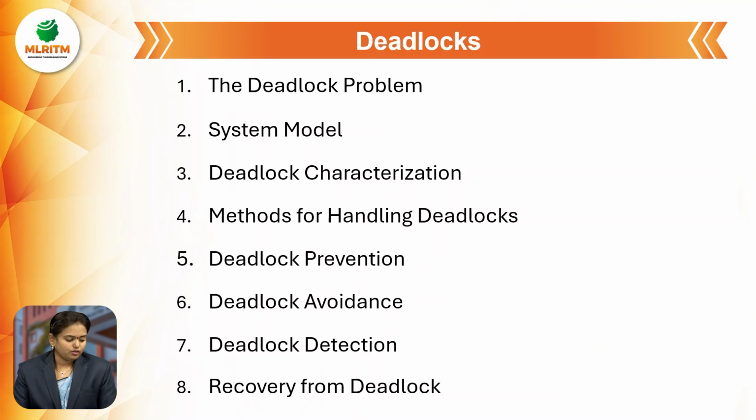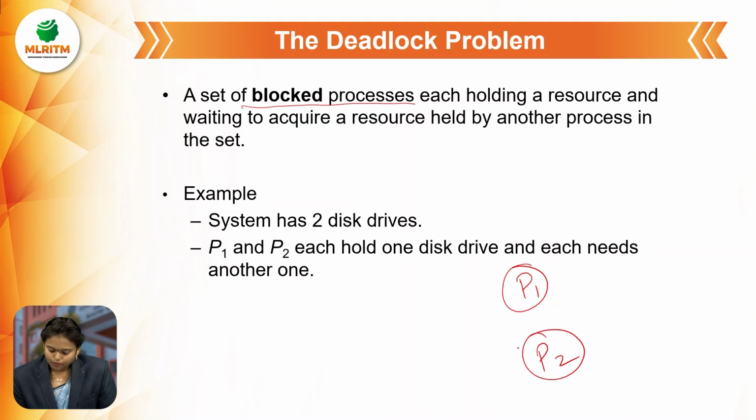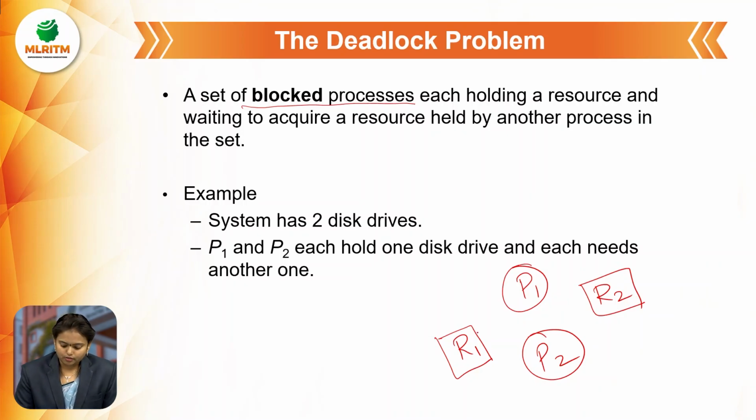Actually, what is a deadlock? A set of blocked processes, each holding a resource and waiting to acquire a resource held by some other process. For example, P1 and P2 are two processes, and R1 and R2 are resources.